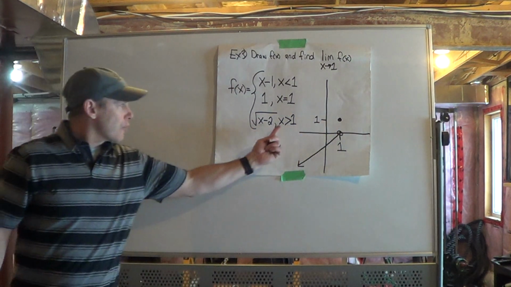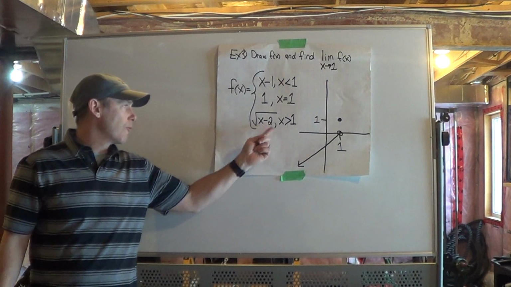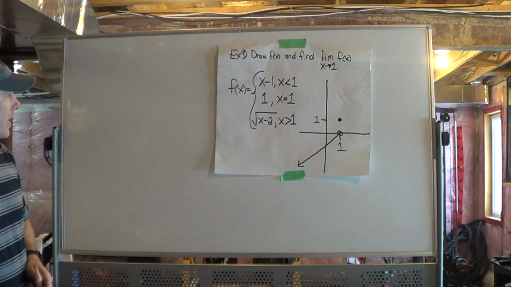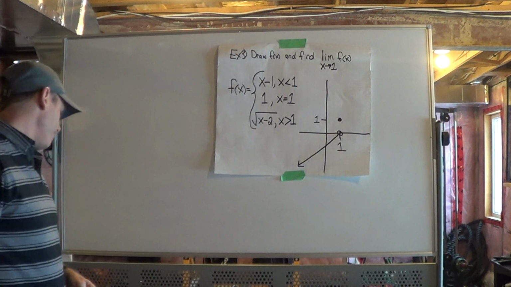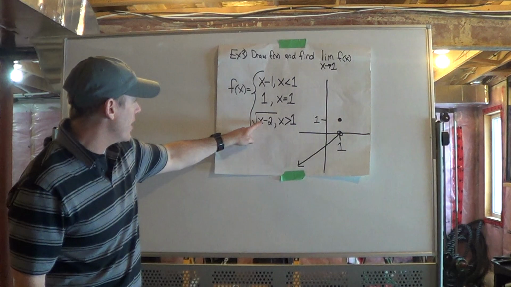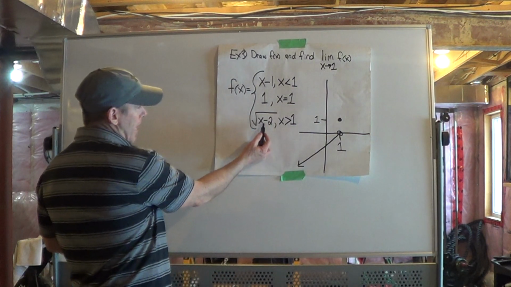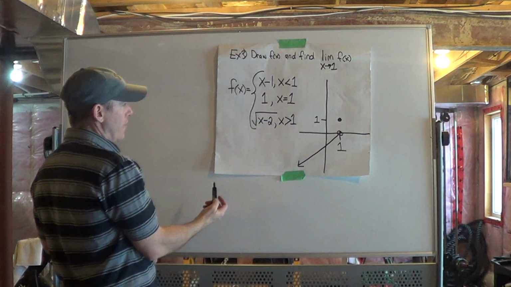Then it says for x greater than 1, your function is a square root, the square root of x minus 2. So let's see, I plug in 2, and that would be 0, because I can't even plug a 1 in, it would be minus 1, and you can't take the square root of a negative number.